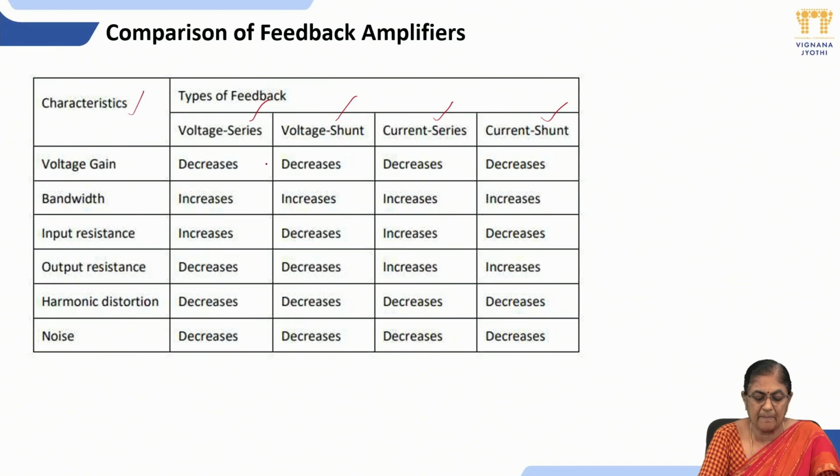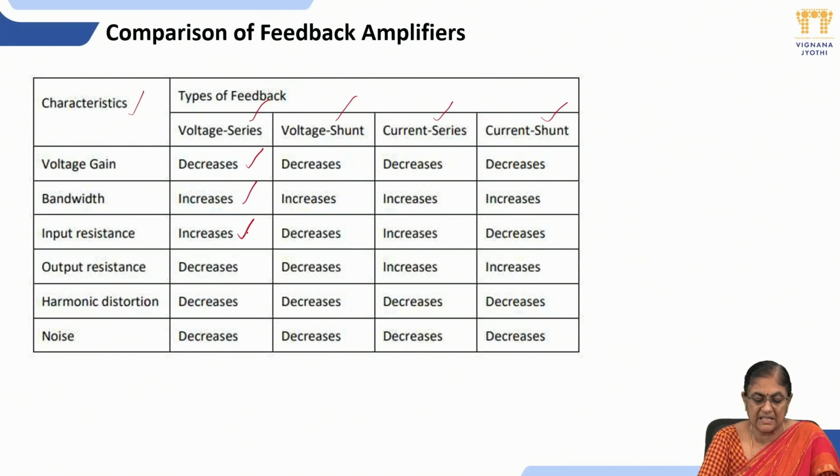In voltage series feedback amplifier, what is the basic amplifier? Voltage amplifier. Voltage gain decreases, bandwidth increases, input resistance increases. Why does input resistance increase? Series mixer is used in voltage series feedback amplifier, so output terminals of the feedback network are connected in series to input terminals of the basic amplifier.